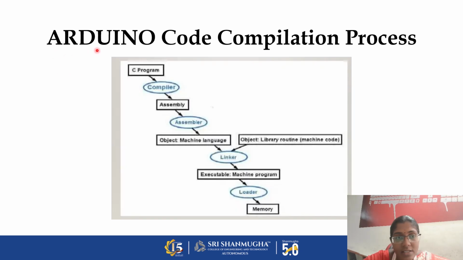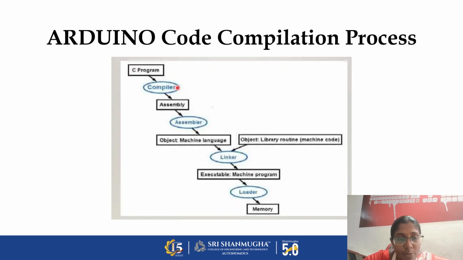The next one is the Arduino code compilation process. The program written in embedded C language will be converted into assembly language with the help of the compiler. The compiler's job is to compile the source code.